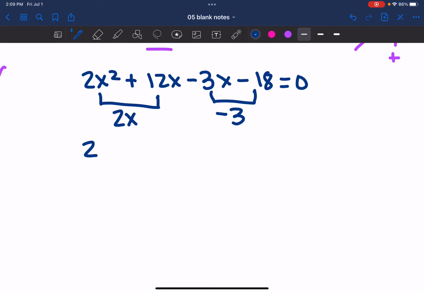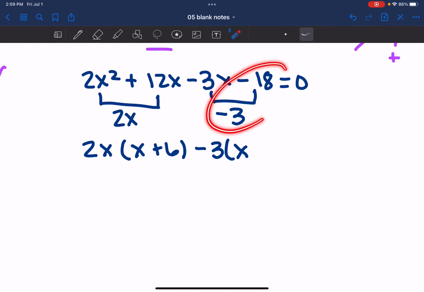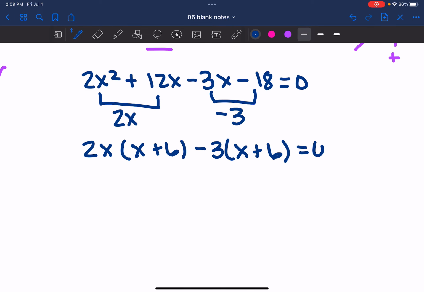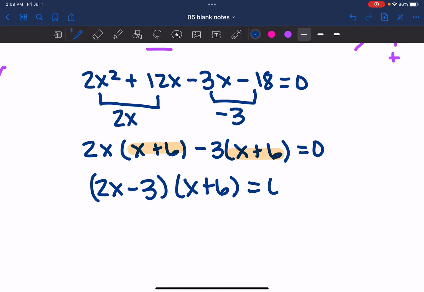So I'll get 2x parentheses, 2x squared divided by 2x is x, and 12x divided by 2x is 6. And then minus 3, negative 3x divided by negative 3 is x, and negative 18 divided by negative 3 is 6. And now I have the common binomials, so I get 2x minus 3 and x plus 6 as my factors.